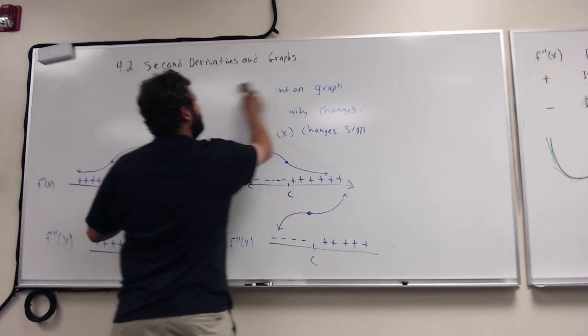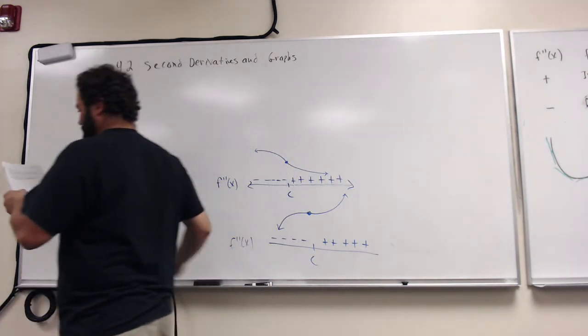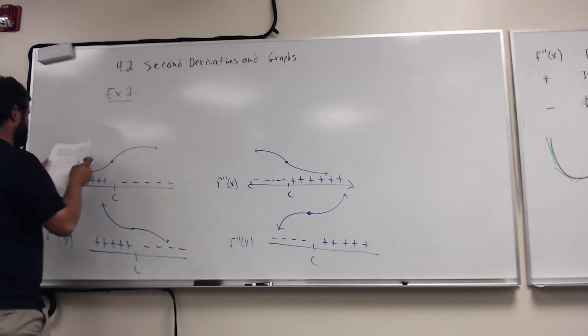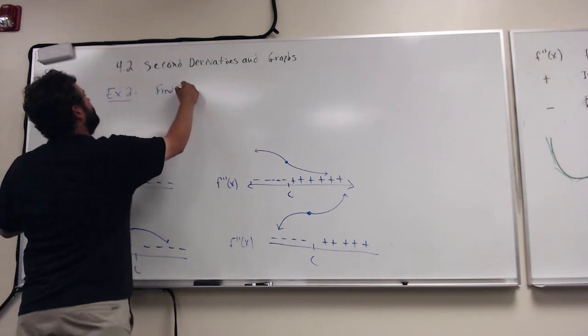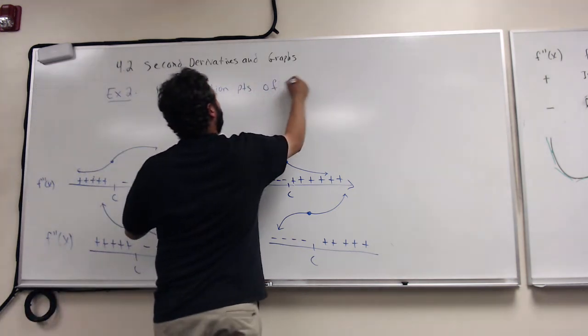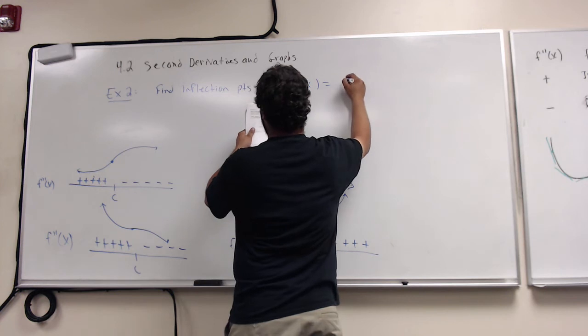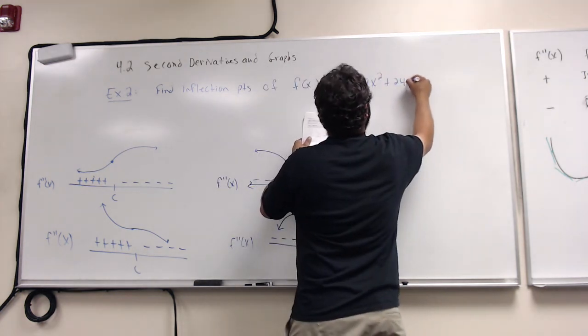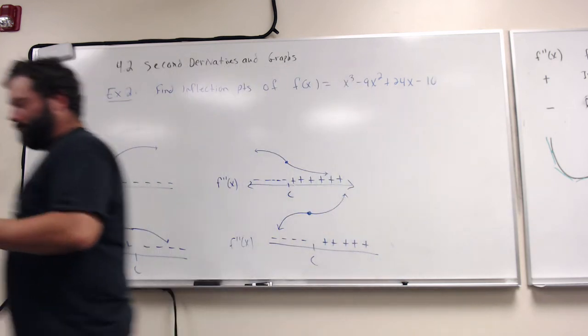So we're going to do an example looking for inflection points. Find the inflection points of f of x equals x cubed minus 9x squared plus 24x minus 10.